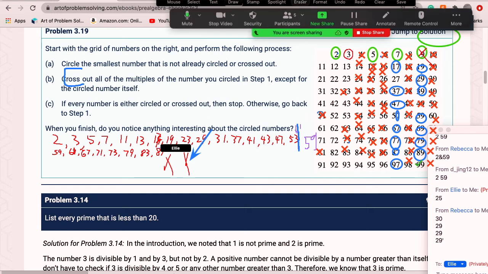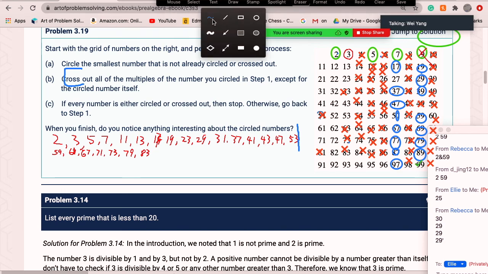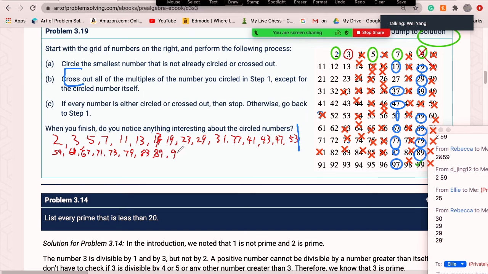So that's 89, yes. And the last one is 97. Okay, this is 89. Then the last one is 97, right?